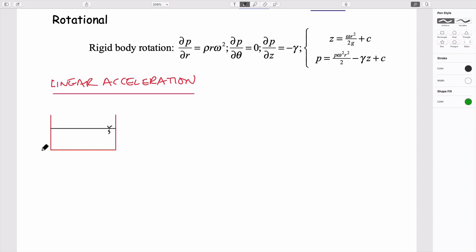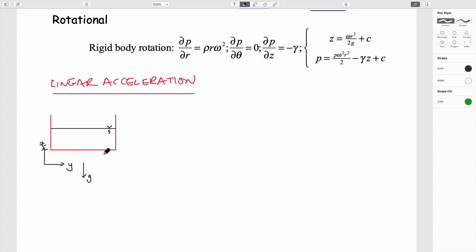We have a reference frame which we've defined, y and z. We know that z is positive upwards. For that coordinate system x, y, z, x is physically into the board, just from the right-handed coordinate system. And we know that gravity is acting downwards.